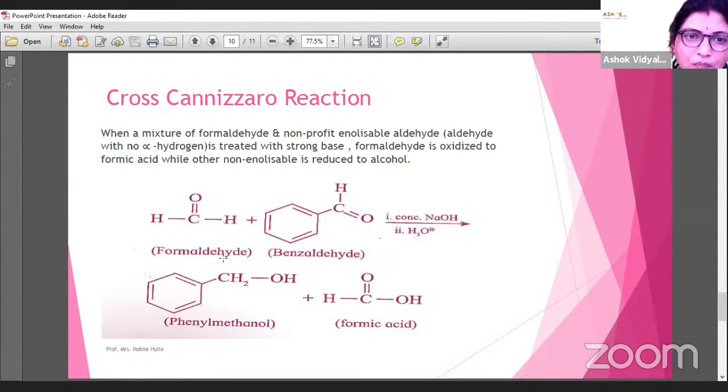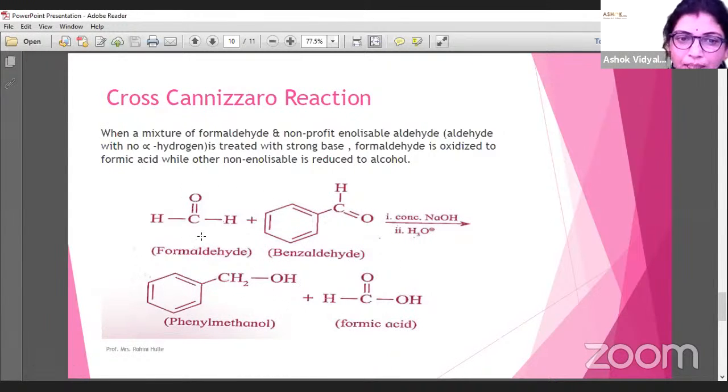See students, when a mixture of formaldehyde and a non-enolisable aldehyde is treated with strong base, non-enolisable aldehyde means aldehyde with no alpha hydrogen, treated with strong base NaOH, formaldehyde is oxidized to formic acid, and another aldehyde is reduced to alcohol.